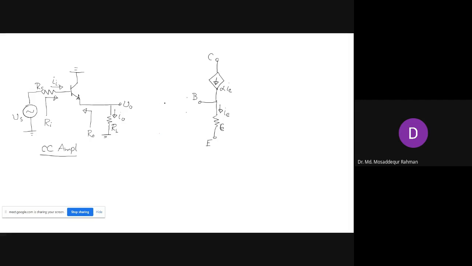Now at the input side, we add the signal source. And at the output side, we have the load.